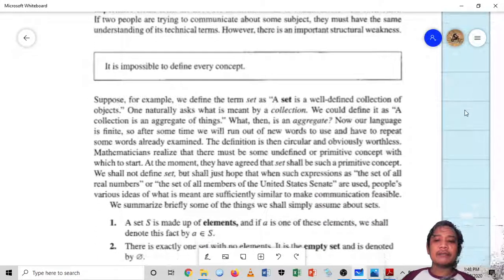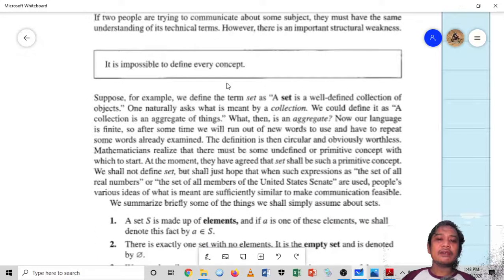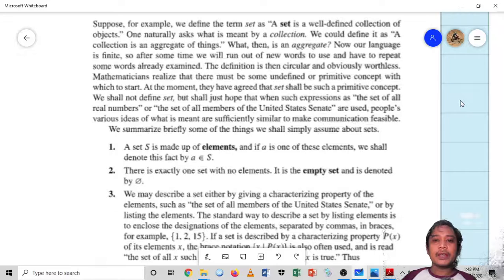So we have here the definition of a set as a well-defined collection of objects or ideas. Okay, and then the things that are in the set are what we call the elements of the set. The symbol is this one.